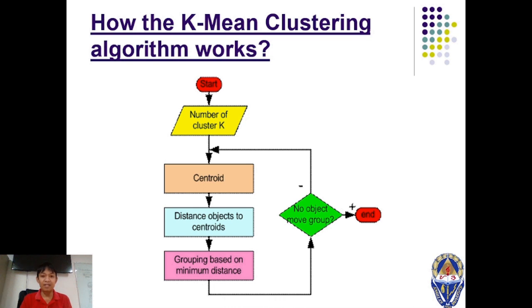If the number of objects moved is nonzero, it repeats the process from the centroids, then distance of objects to centroids and grouping based on minimum distance. If no objects move, the algorithm ends.